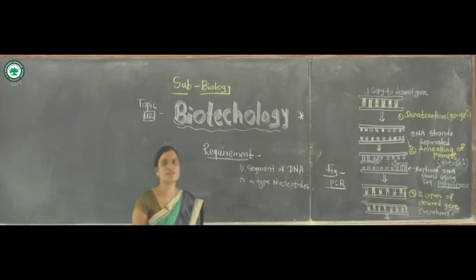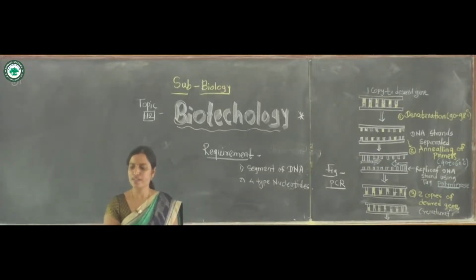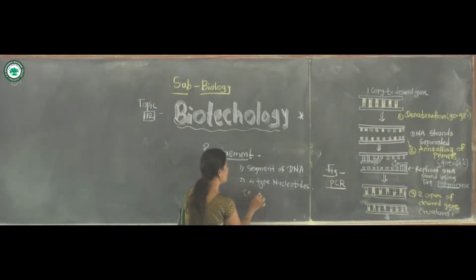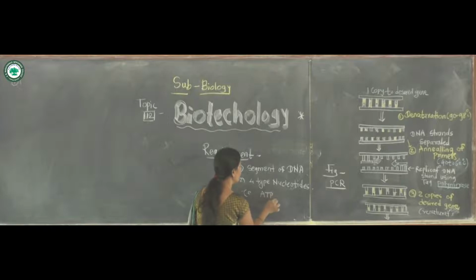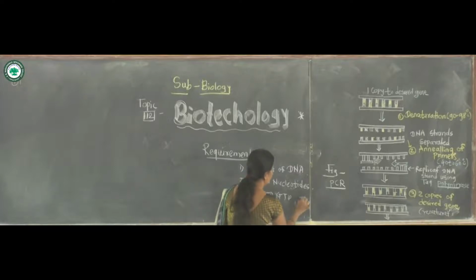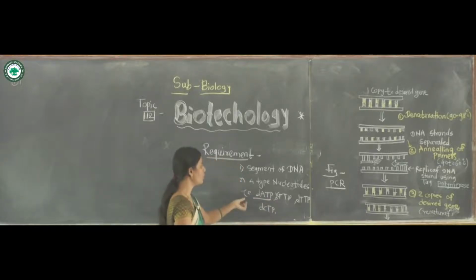Nucleotides are very important. These nucleotides are ATP, GTP, TTP and CTP. These are the 4 types of nucleotides.